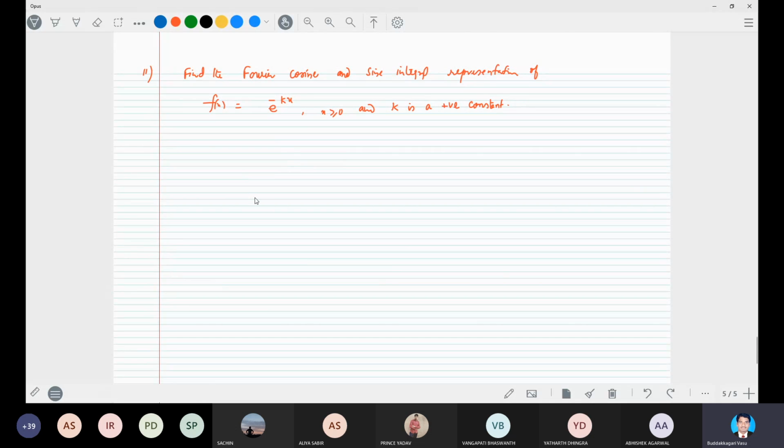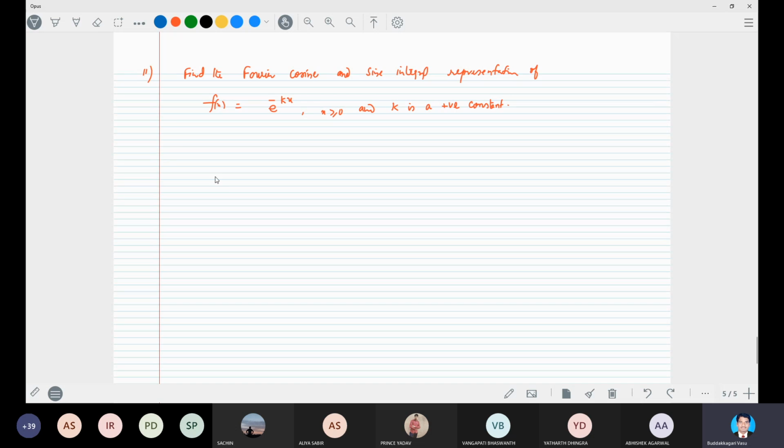What is the Fourier cosine integral? You can check whether this function is absolutely integrable or not. If absolutely integrable, then only we can represent the given function as a Fourier integral, right?